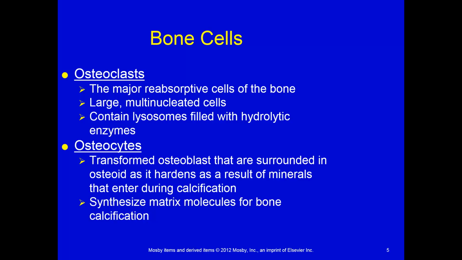Then we have osteoclasts, and as you see here on the screen, and probably a review for you, they are truly the major resorptive cell of the bone. They resorb bone by literally secreting hydrochloric acid and some acid proteases that help digest the collagen component of the bone, along with some actions of cytokines that also help break down the bone.